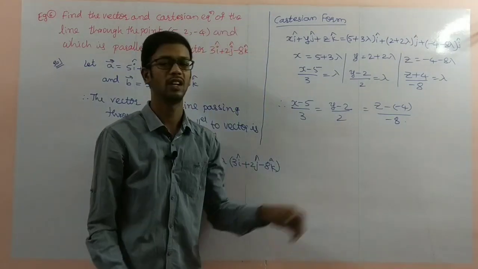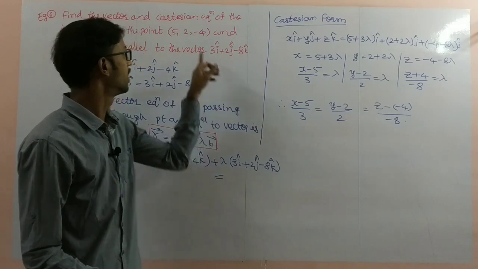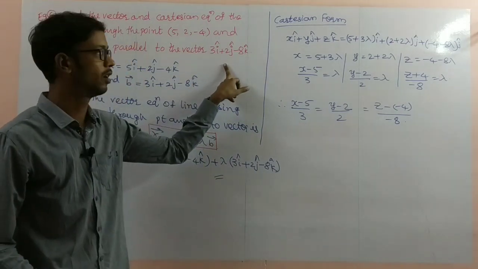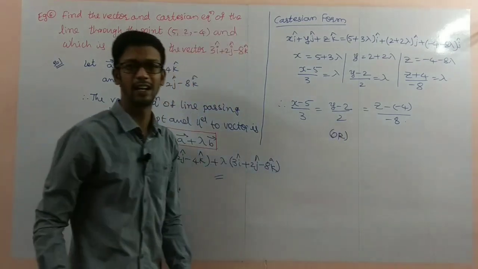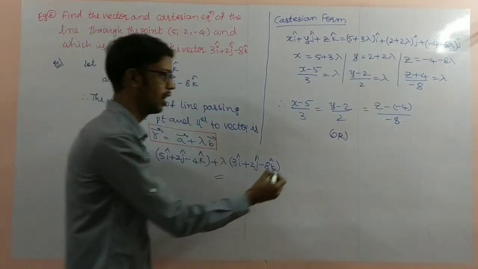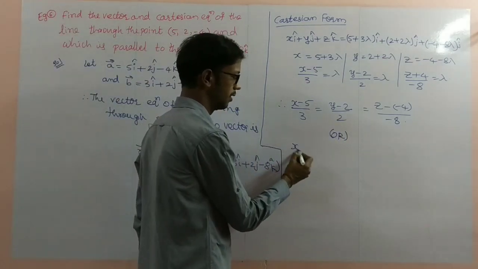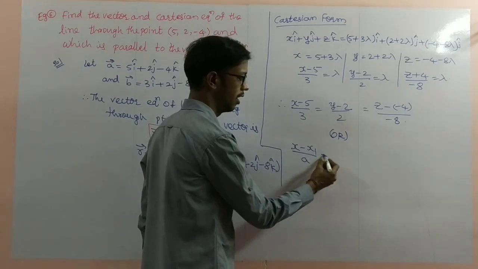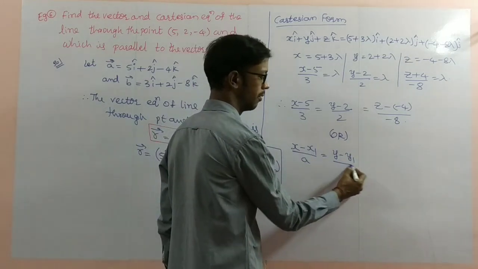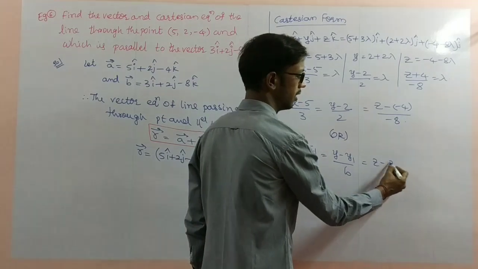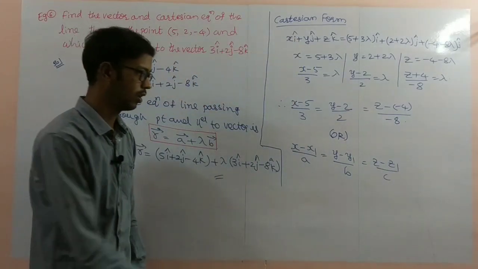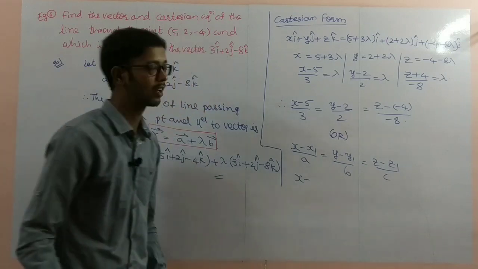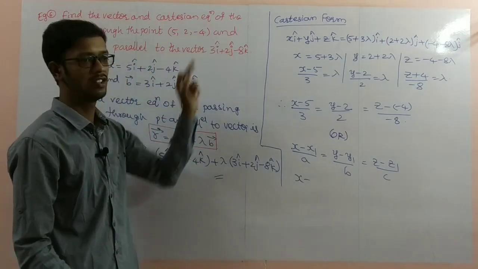This is the Cartesian equation of a line passing through the point and parallel to the vector. Or we can write it directly by the formula: x minus x1 by a, y minus y1 by b, z minus z1 by c. The point is x1, y1, z1.